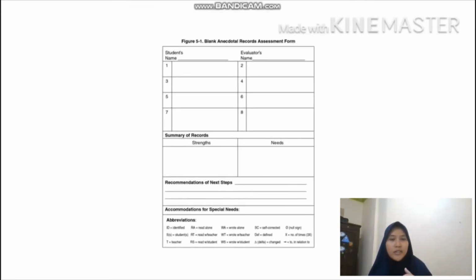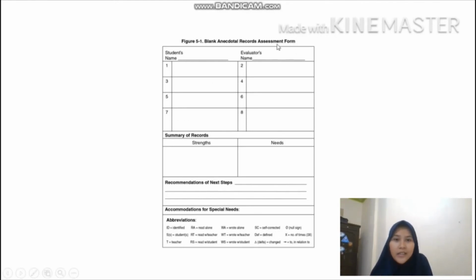And here is the example of anecdotal records. Ini adalah bentuk dari anecdotal records yang bisa teacher gunakan untuk merecord apa yang telah diamati oleh teachernya. Dan observation tool ini biasanya digunakan teacher untuk merecord students behavior as observed yang telah diobservasi.